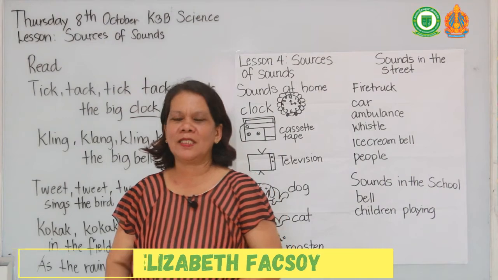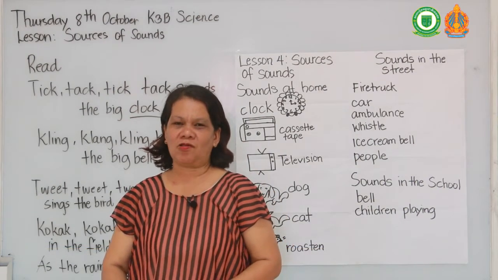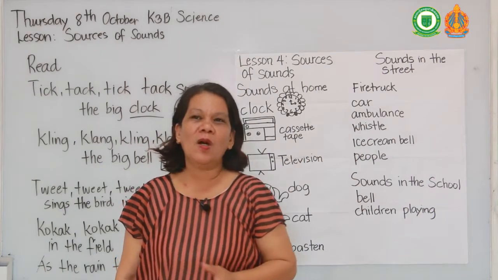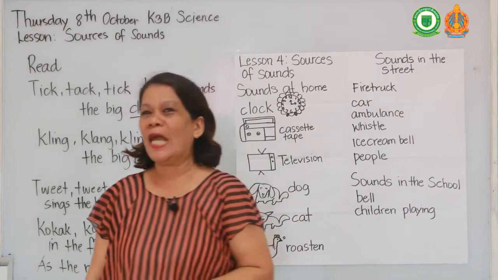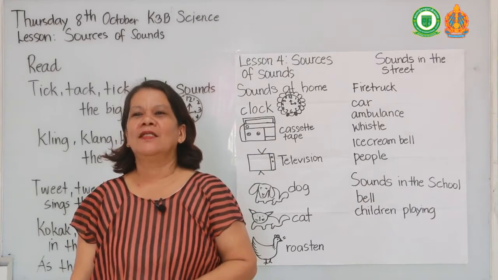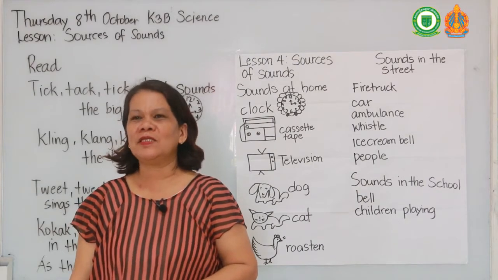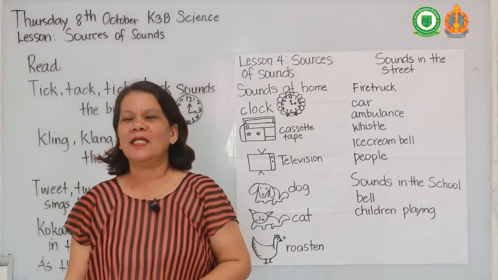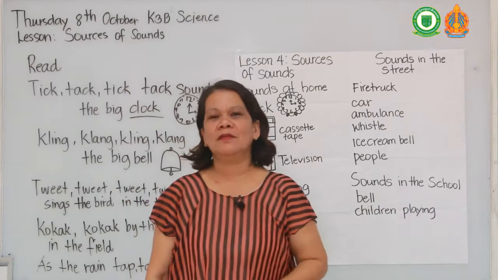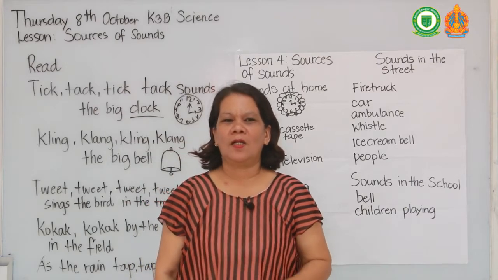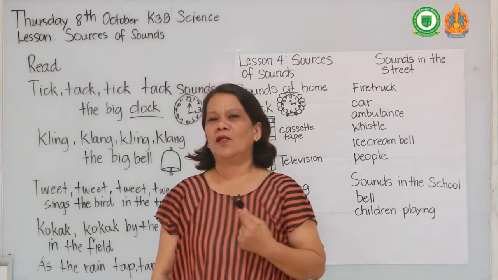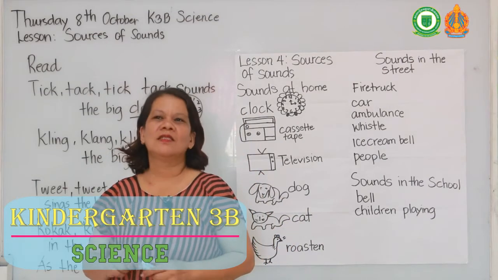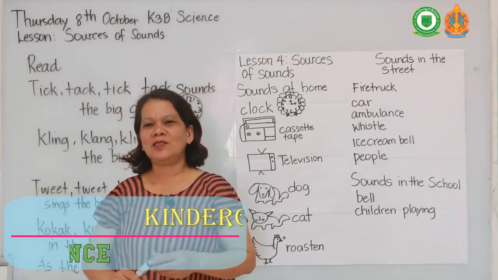So, our lesson is about sources of sounds. You know what sounds are? What is a sound? If you go outside, you can hear many sounds, okay? There are a lot of sources of sounds, like in your house, you can hear the sound of your dog, your rooster, your TV, or if you're watching TV, you can hear sounds above your house.